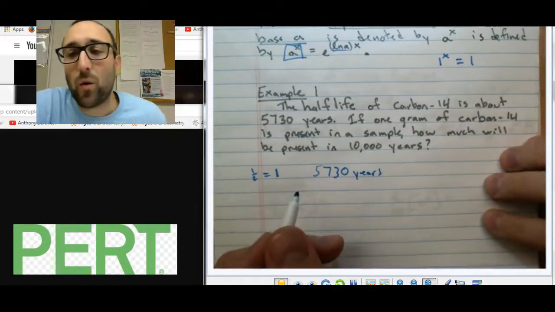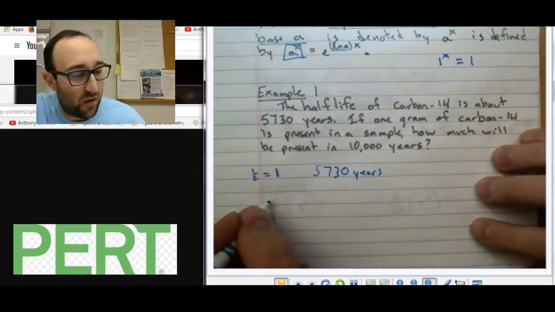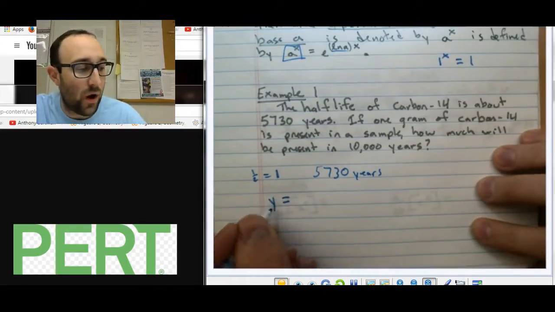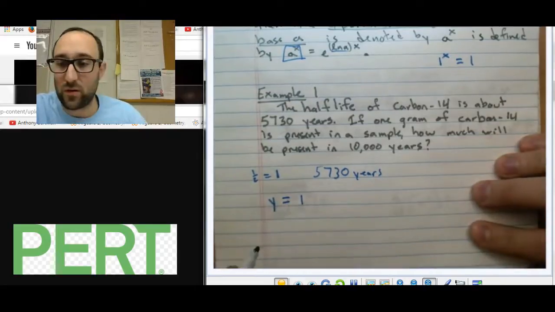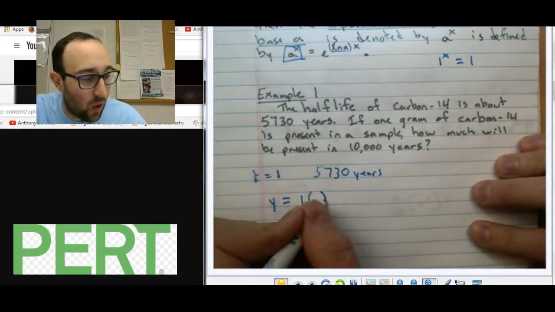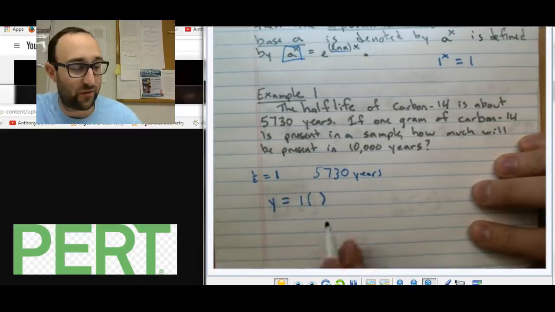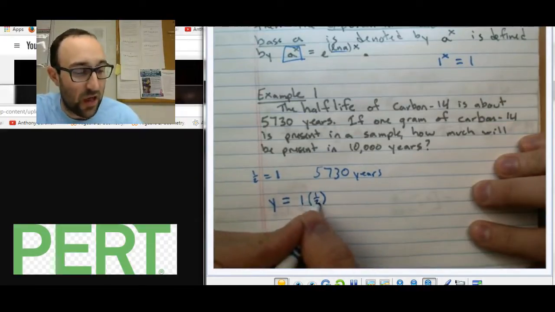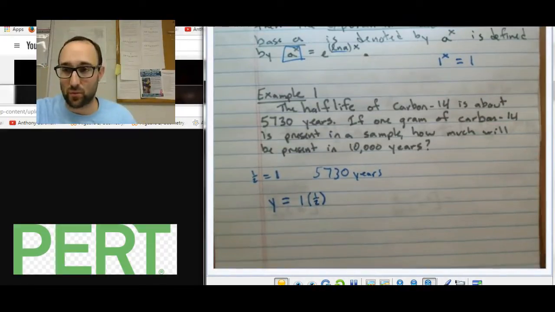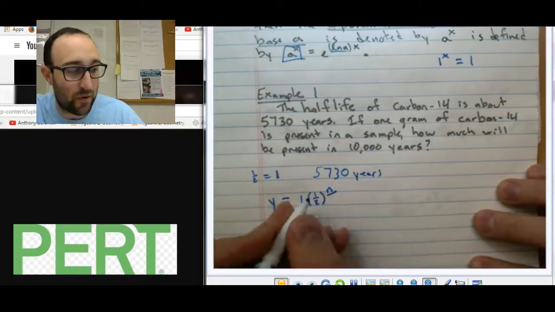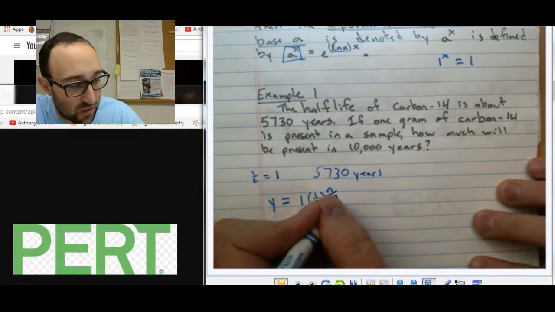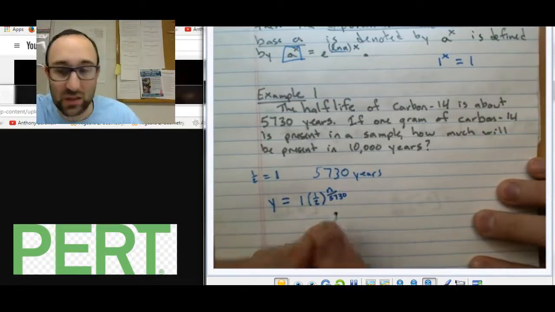So what you can say is that let's just set up an equation. y would be how much is left. How much do we start with? 1. What are we doing to that one? We're trying to figure out how long does it take for half of it to be there, right? And then how many times is that going to happen per 5,730 years, right?